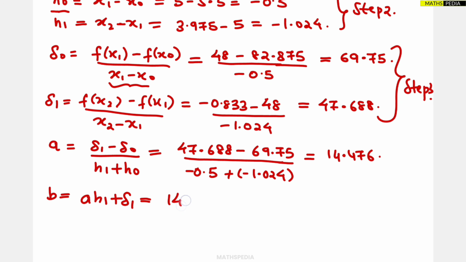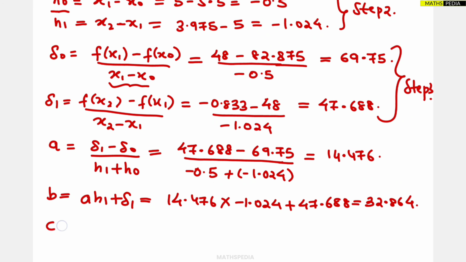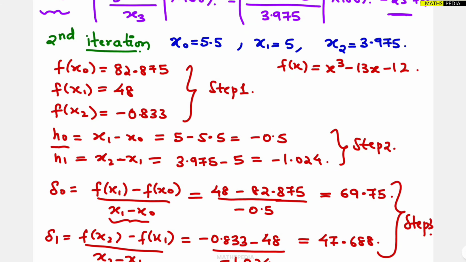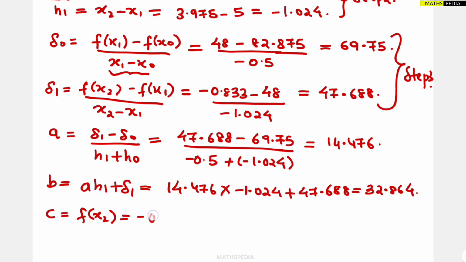A value is 14.476 into the h1 value, minus 1.024, plus the delta 1 value, 47.688. So the B value is 32.864. Now the C value is directly f of x2, which we already have: minus 0.833. Now A, B, C are found, which was step number 4.